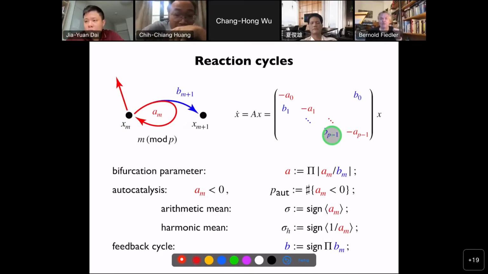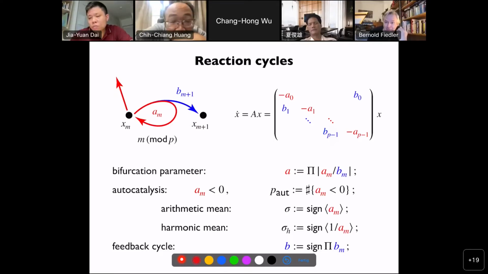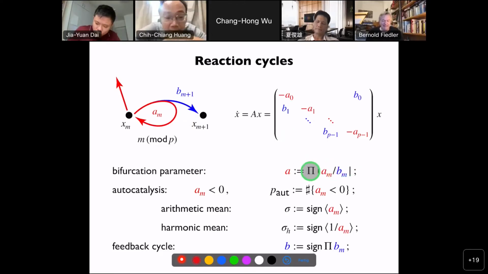Of course, I focus on P cycles because that's the thing which Rupert may forbid. They want semi-stability and I want oscillations. So I have to violate their theorem, and I'm going to violate it through such a P cycle. As a bifurcation parameter, I take a normalized product of the diagonal versus off-diagonal terms, ignoring the signs.